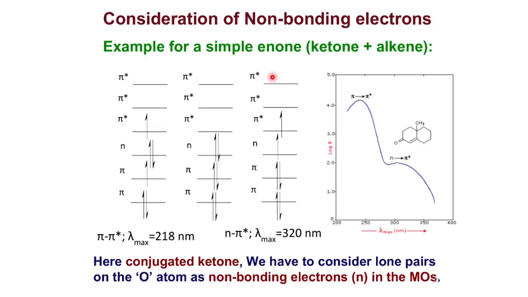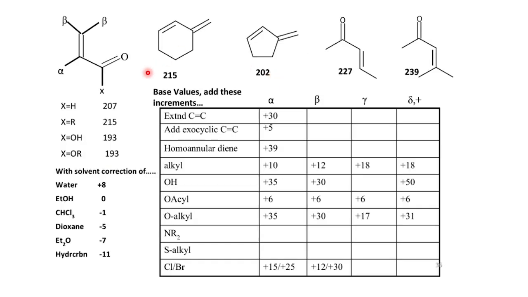Now, if I am substituting this X, previously it was only hydrogen, so the pi to pi star transition is taking place at 207. Now, when I am substituting this X with a methyl group, the methyl group or any alkyl group has a plus I effect. What does plus I effect mean? It has a tendency to donate electron density towards this carbon.